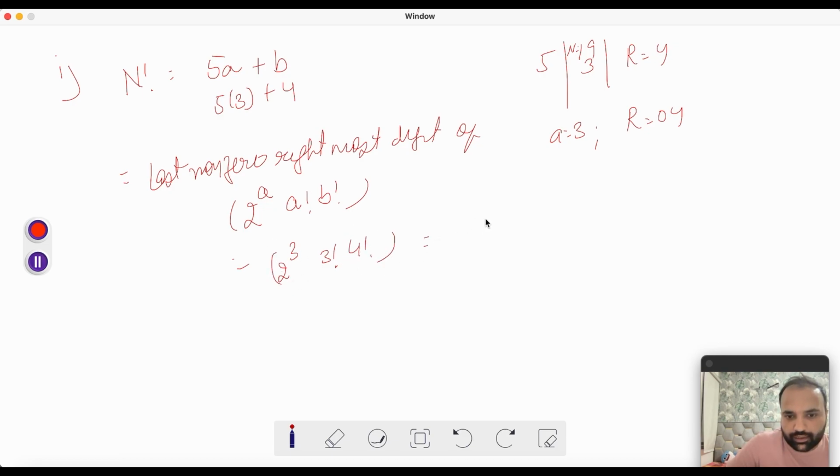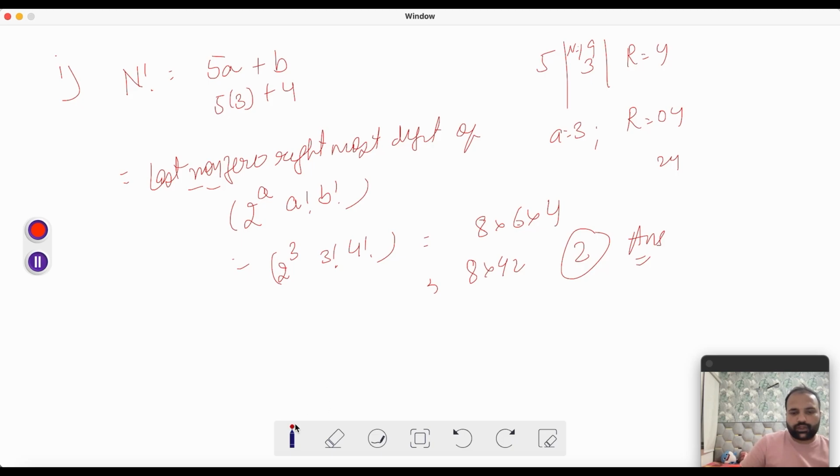So we have 8 into 3 factorial, which is 6, into 4 factorial, which is 24. For 24 we just take the last non-zero digit, which is 4. Now we have 8 into 6 into 4. Taking just the last non-zero digit, 8 times 6 is 48, so 8, and 8 times 4 is 32, and we take only 2. This is our answer.